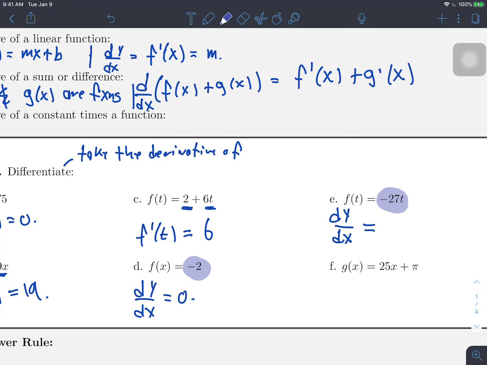But there is a bit of a difference between D and E, and it's the presence of this t here, okay? This means that part E is a linear function with a non-trivial slope. By non-trivial, I mean it's not 0. So it has some kind of slope. So the derivative in this case is going to be just the slope. It'll be negative 27.